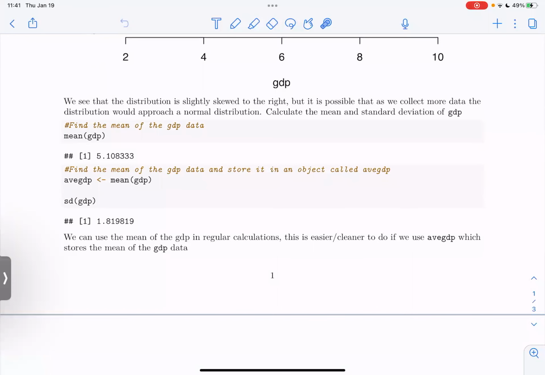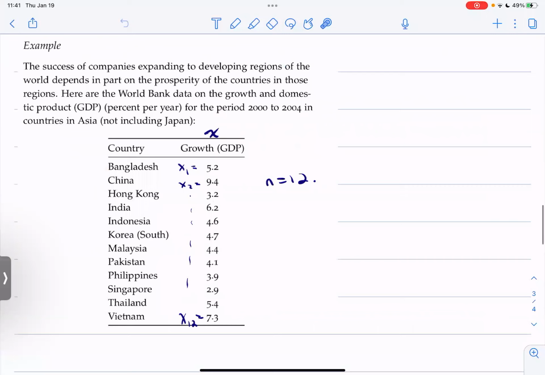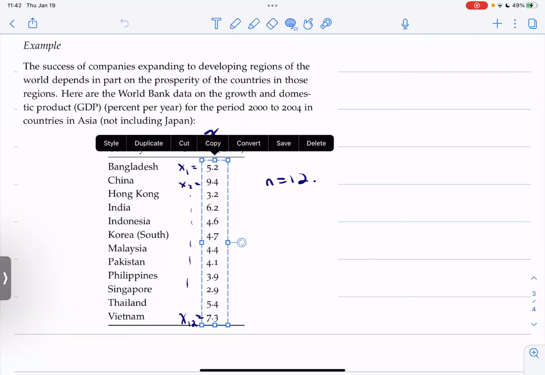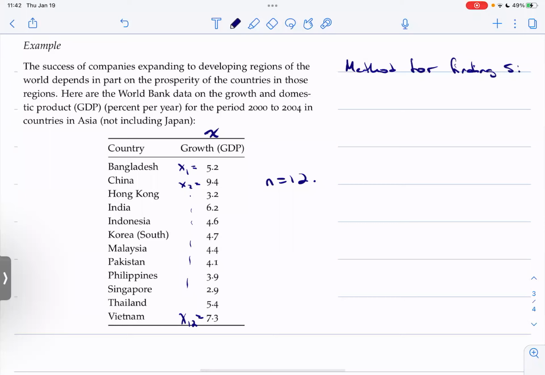And so let's go back. So what I would do is I would take all my x's, copy them. So the method for finding s that I would use is I have my x's here.